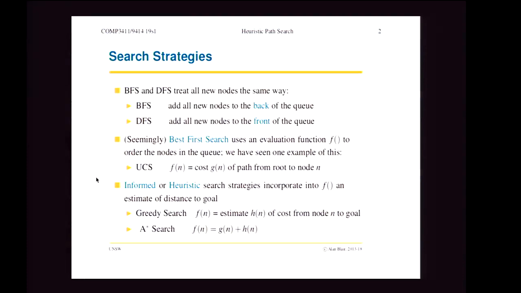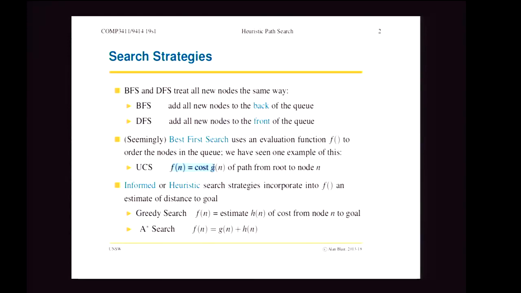Most of these searches fit into what's called best first search. Best first search really just means that there's some function of a node, and that function tells you which node you're going to expand next. The one with the smallest value of the function is the one you're going to expand.